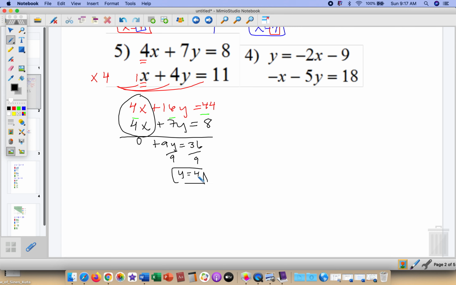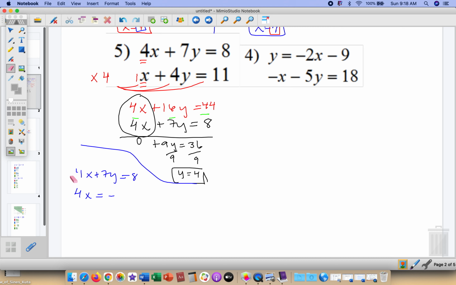Now you can do elimination, or we could try doing substitution to find the x coordinate. So if I substituted, I could isolate x in the bottom one.